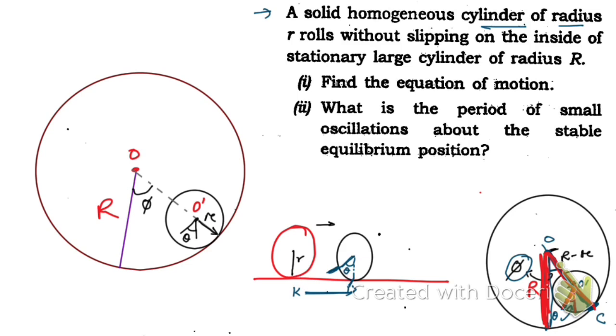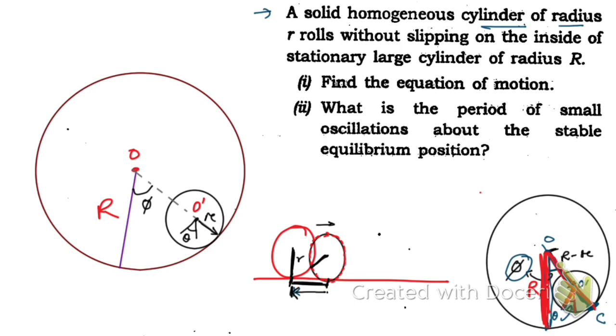Let me draw this here. This is the new position of the circular end of this cylinder, and this same radius is now at this position after rolling through this very small distance.